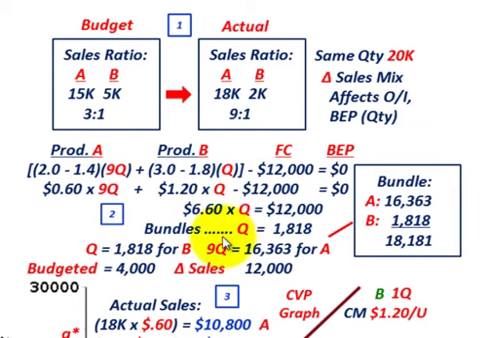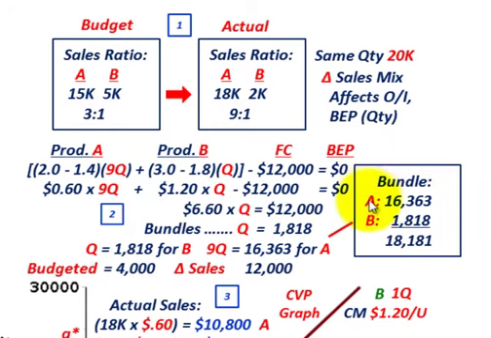We could use this sales ratio, and that's how we came up with Q. We could have also looked at the fixed costs and the contribution margin per bundle and gone on in that fashion. But the bundles, that's 1,818 for Q. Then you have to go back to that sales ratio and do your multiplying to determine your actual sales.